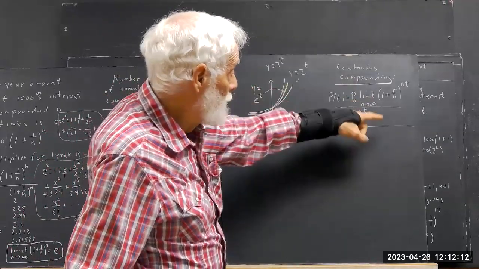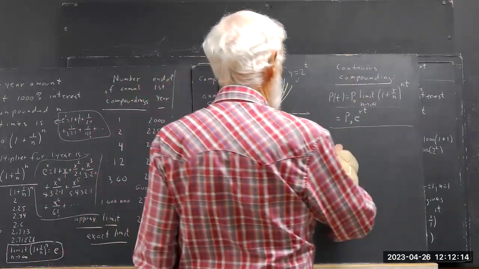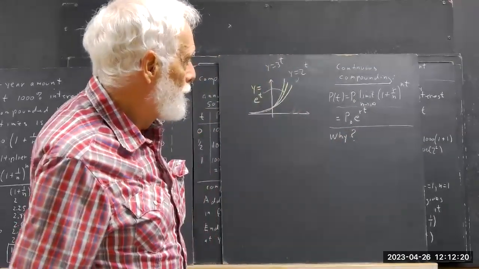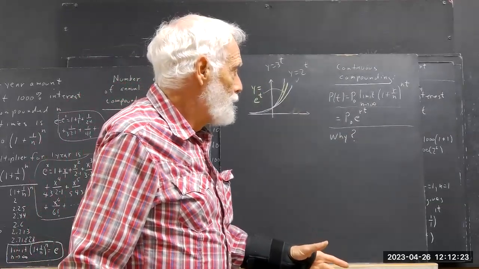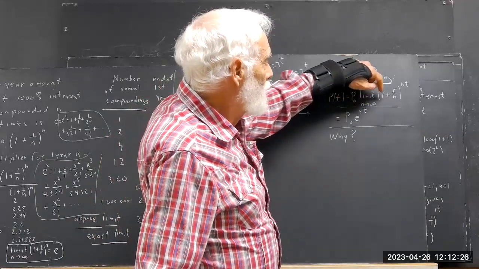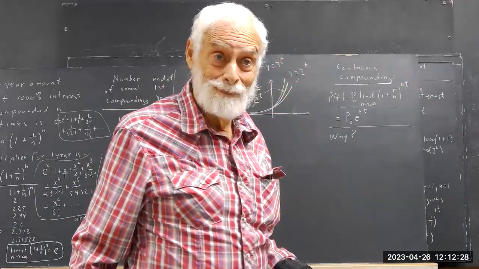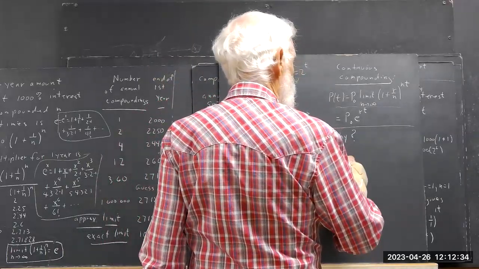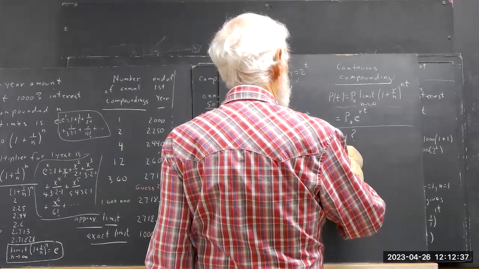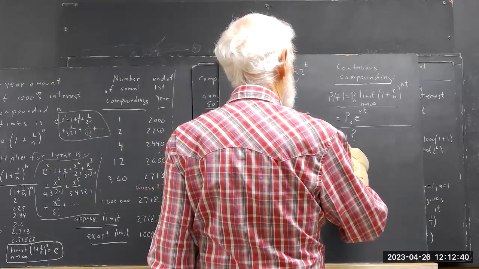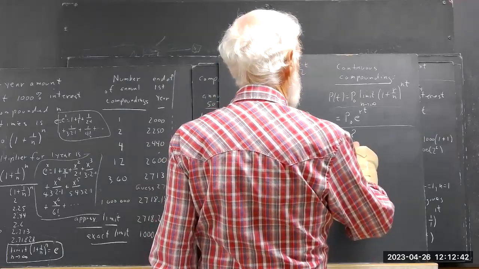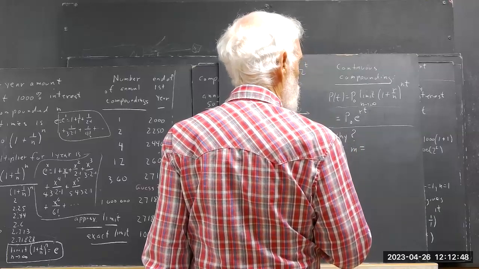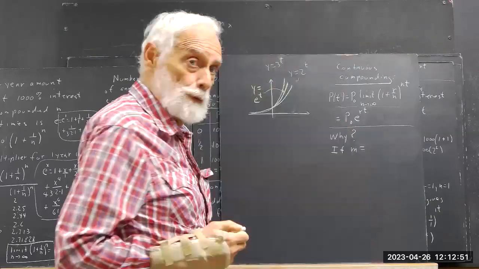Now we want to come back to this limit and ask why this is. I say that it is. We know what the limit of 1 plus 1 over n to the n is. That's e. Okay. Well, I'm going to use a mathematical script.